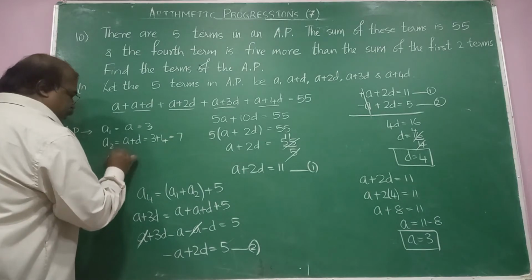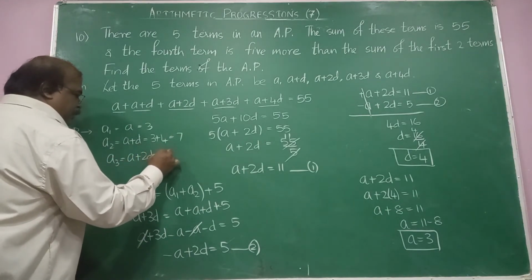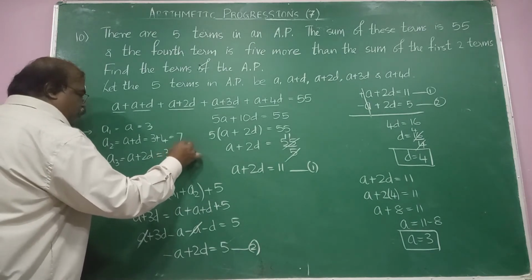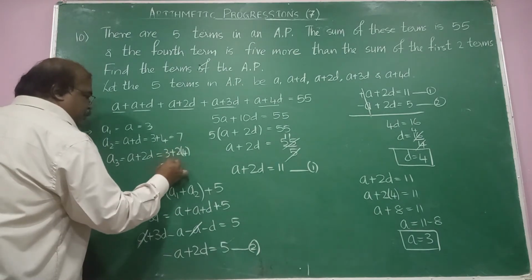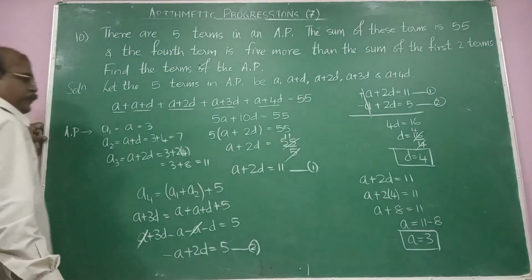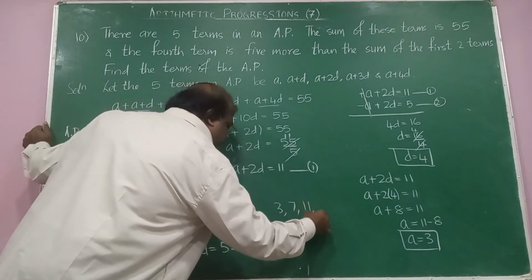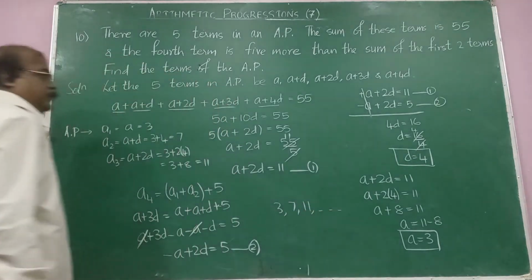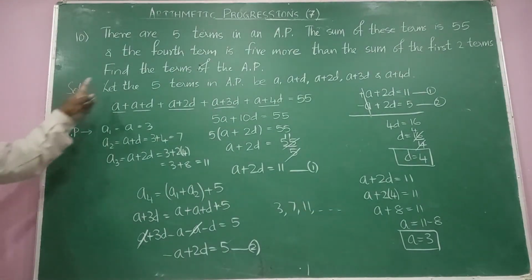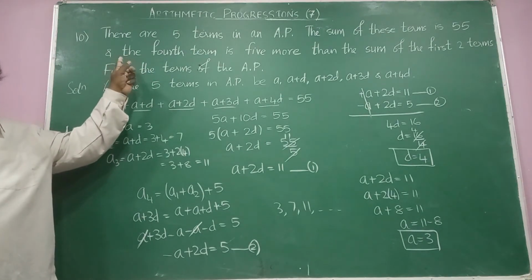Your third term is A plus 2D, that is 3 plus 2 into 4, which is 11. So your arithmetic progression is 3, 7, 11, and so on. What did I ask you? Find the terms of the arithmetic progression.